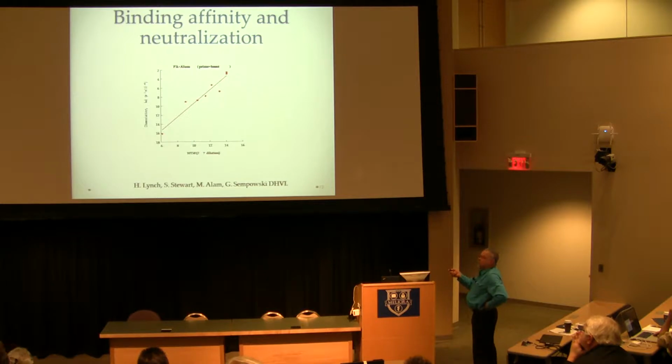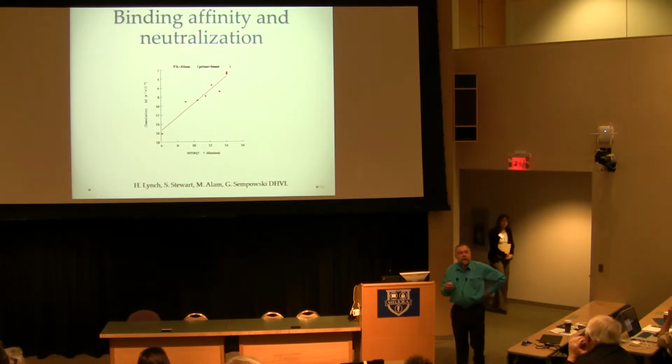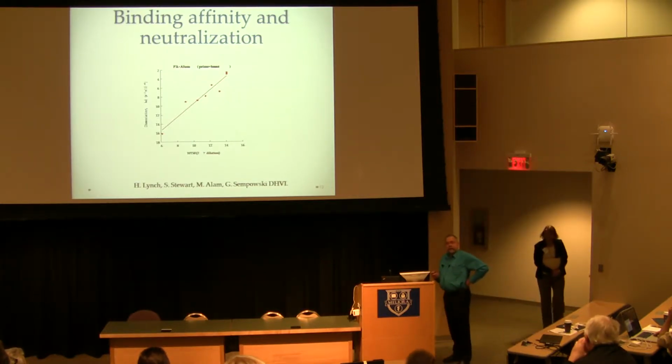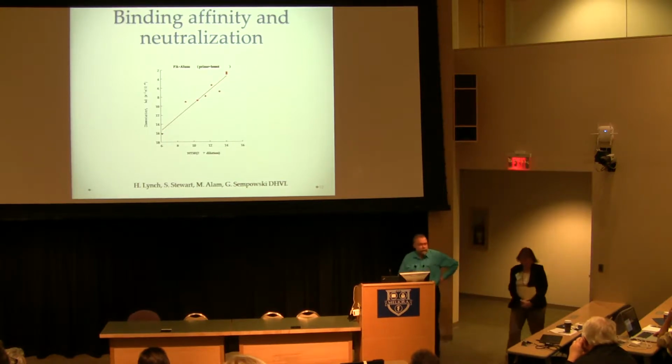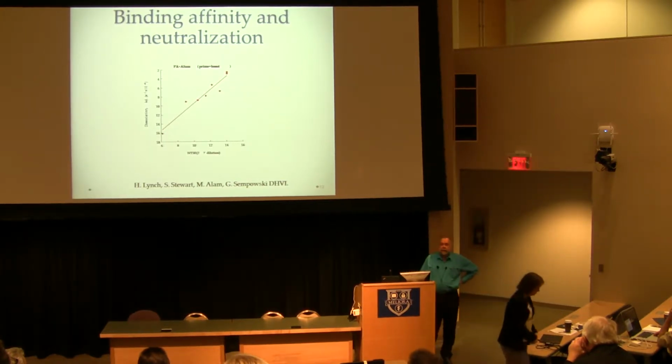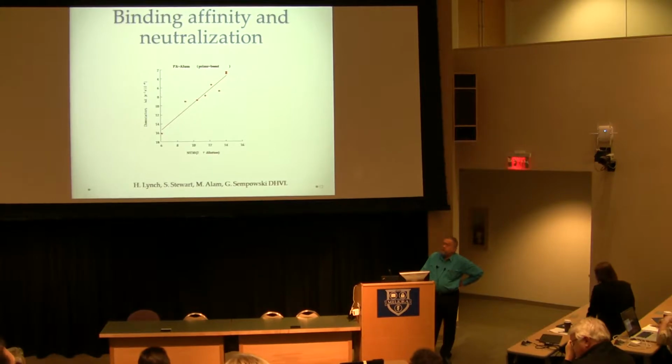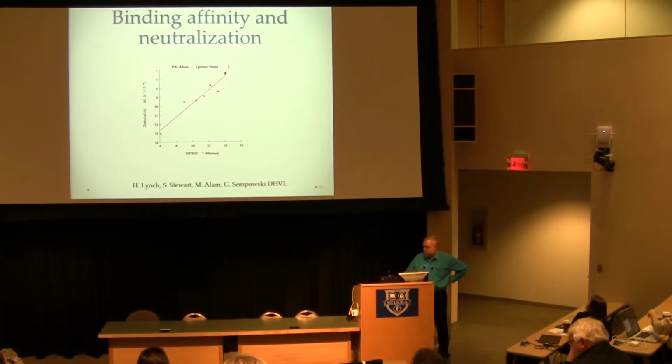And there is a very nice correlation. The higher the affinity, the better the neutralization. And we are also now with Phil Hanna conducting actual survival studies, and we expect, of course, that we'll see something similar.